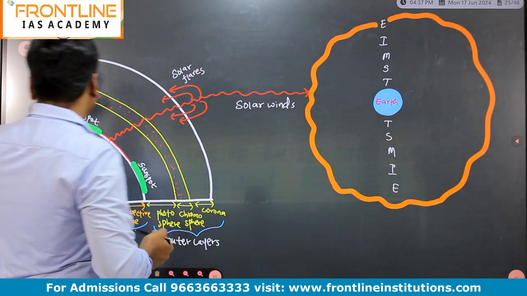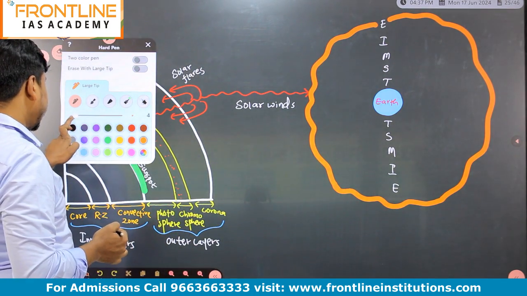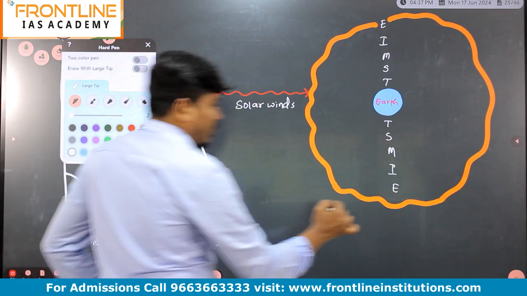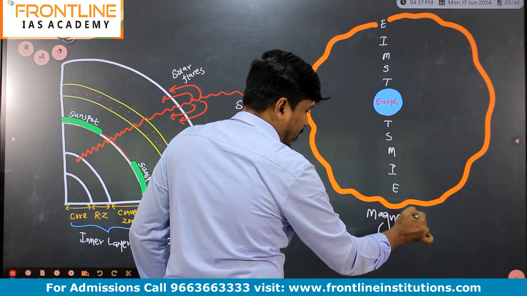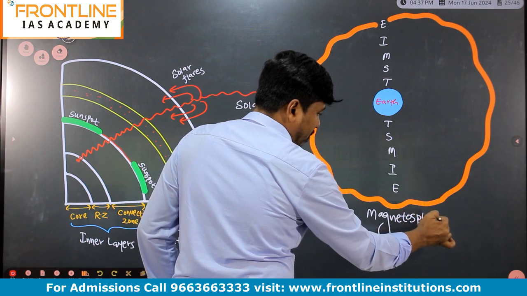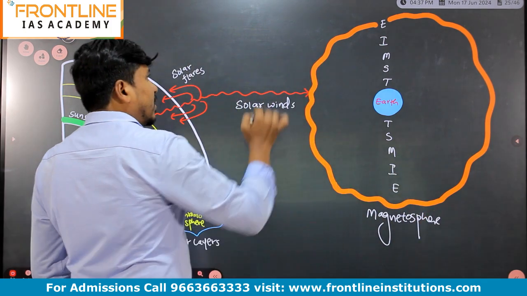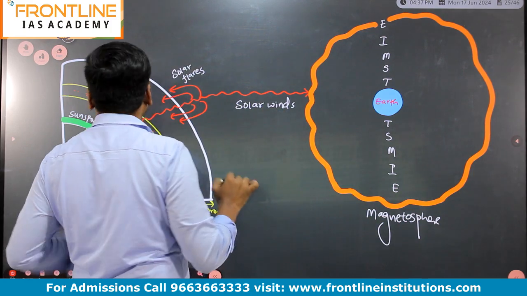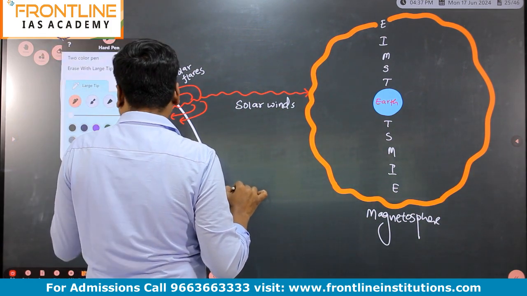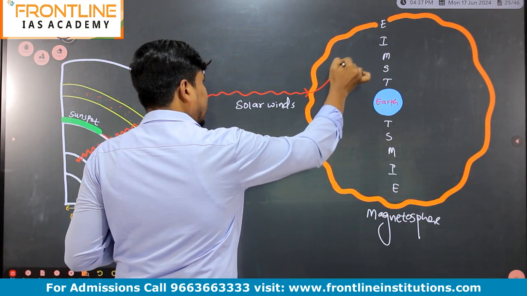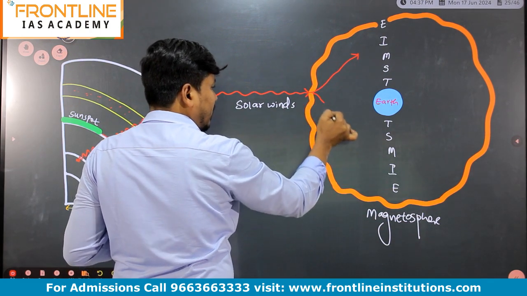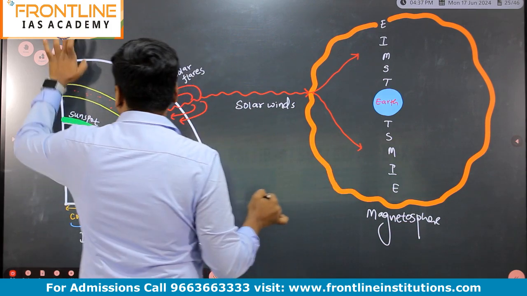This is the magnetosphere, which is part of the exosphere. And this is the solar wind. This solar wind travels towards the north and towards the south also.